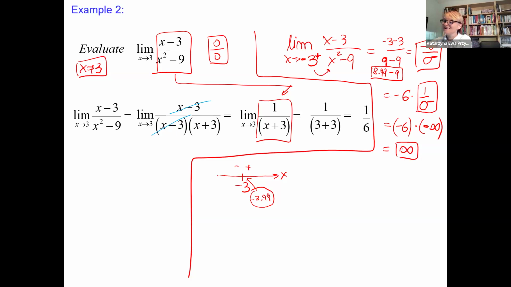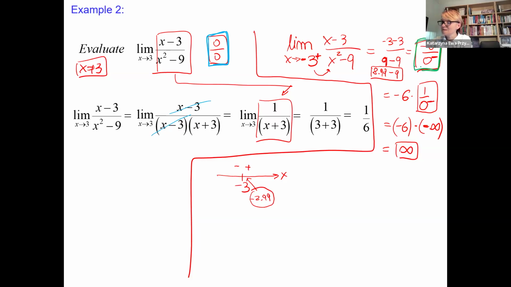That means this limit is positive infinity. If the limit is infinity, we have a vertical asymptote, and the function goes up to positive infinity on the right-hand side at -3. And as we can see, this is a different situation. This one is an indeterminate form, and this one is not. Let's use the green.